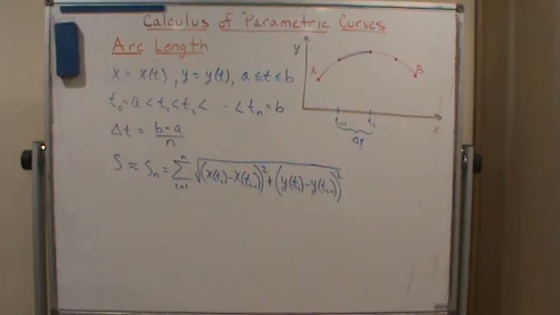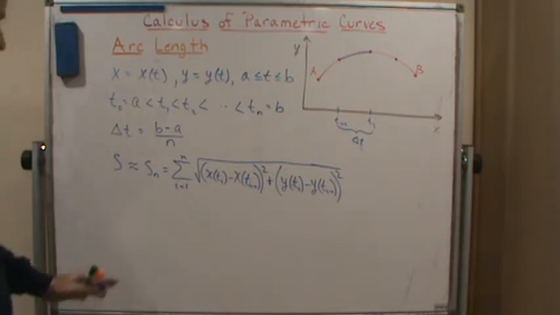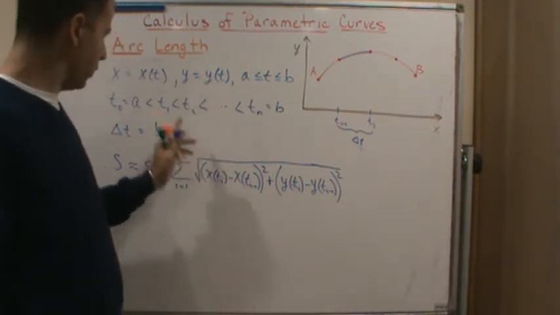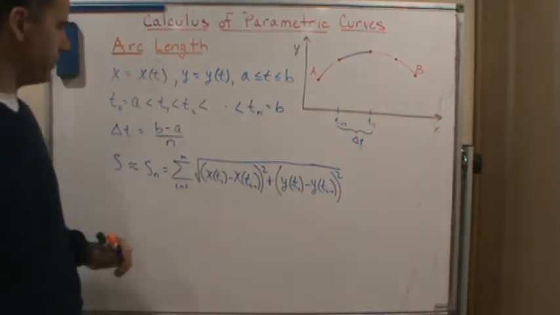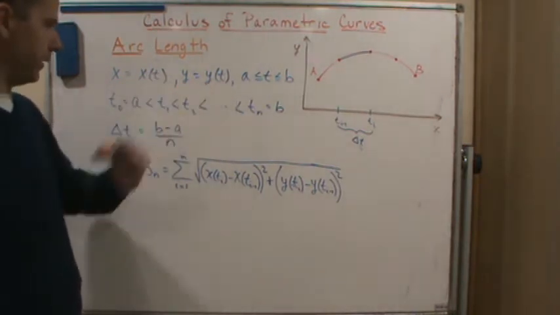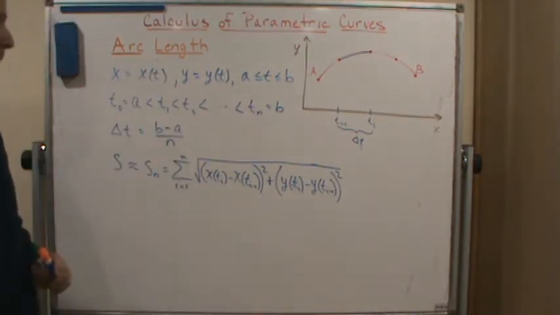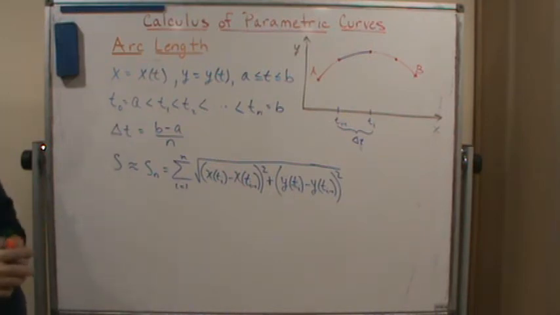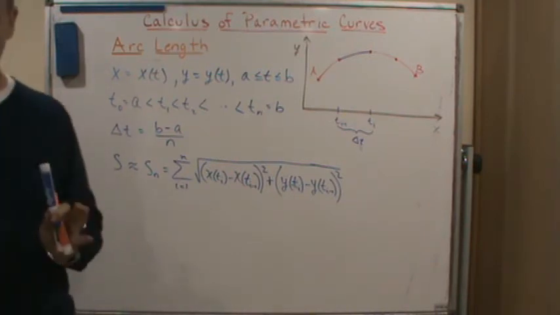Now, if we assume that x of t and y of t are differentiable, then we can use the mean value theorem. Why would the mean value theorem be important?